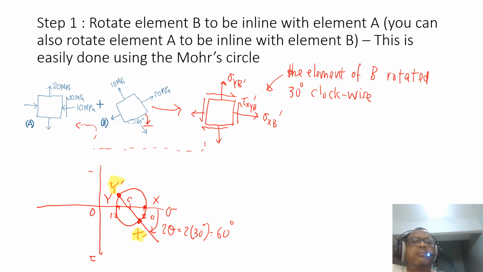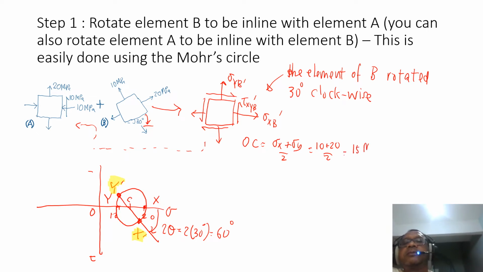So we can do some basic calculation. We know what the OC is: sigma X plus sigma Y over 2. That gives us 10 plus 20 over 2, so that gives us 15 megapascal. And we also know the radius because it's so simple.